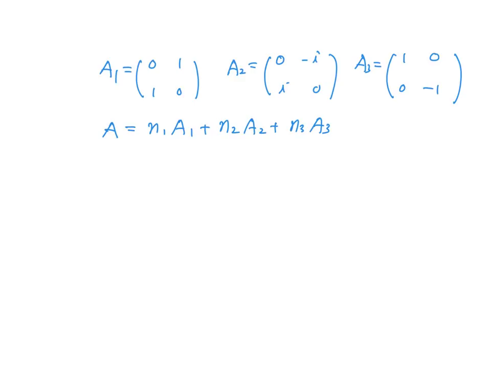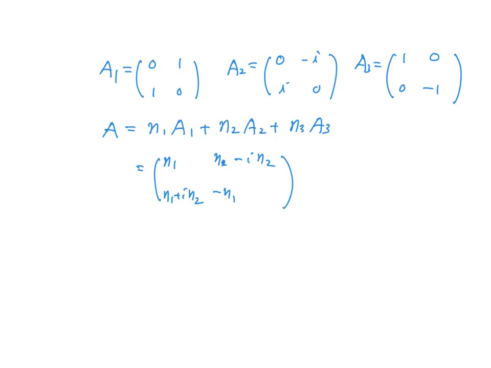So that makes n3, n1 minus i n2, n1 plus i n2, minus n3.